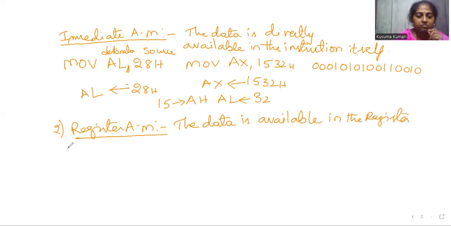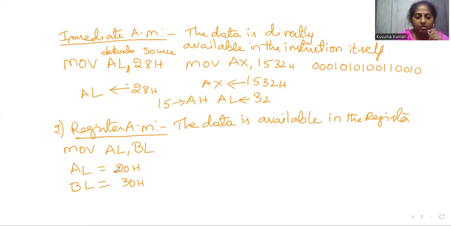For example, I'm writing the instruction MOV AL, BL. So what does it mean? Suppose before the instruction AL contains 20 hexa and the BL register contains 30 hexa.